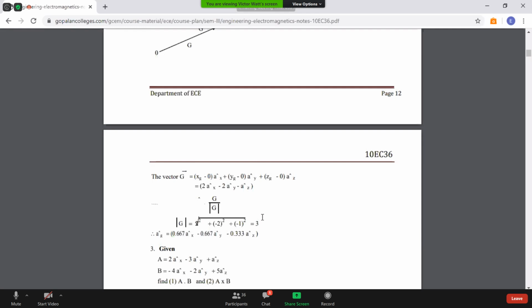So what is the first term under the square root? 2 square. So it's the square root of 2 square plus minus 2 square plus minus 1 square, which equals 3.